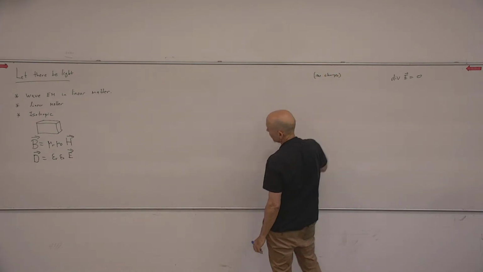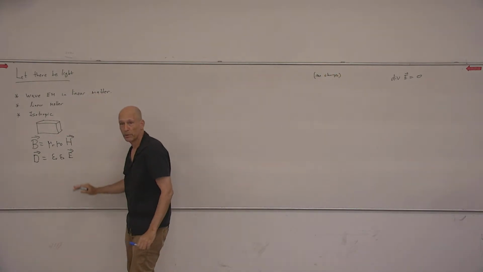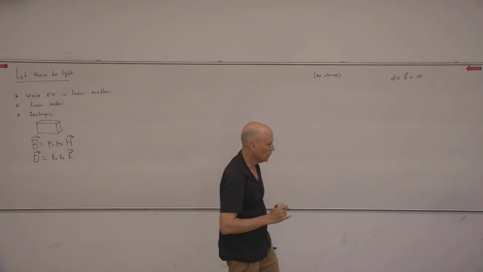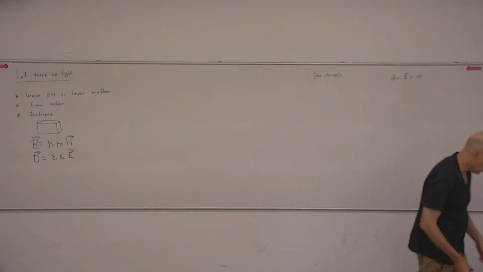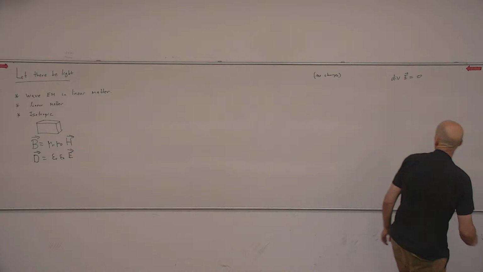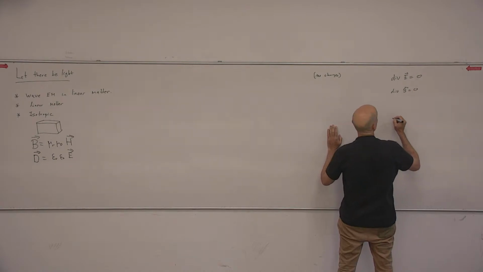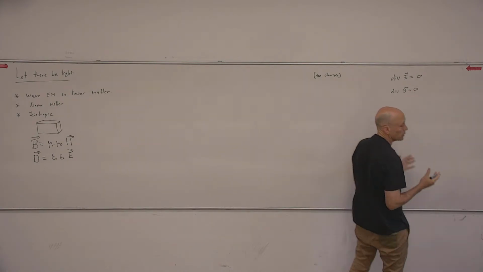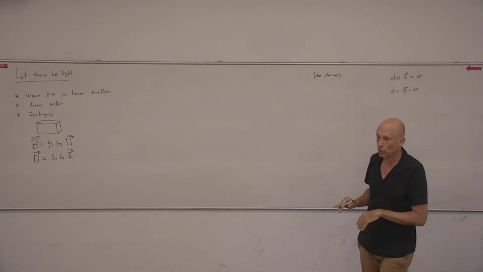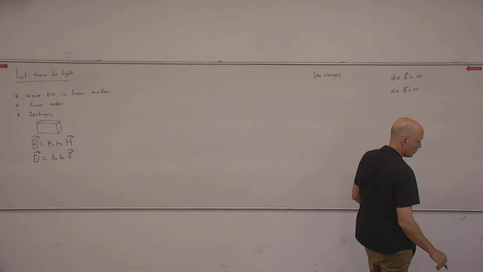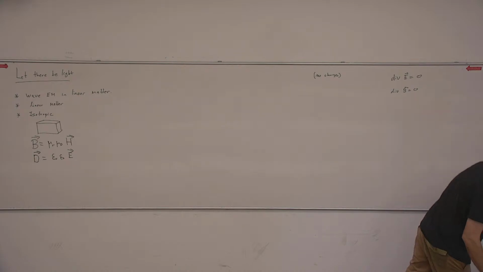So we are simplifying as much as we can in order to make things very simple. There are no charges. Now we have div B equals 0. So this is always, there are no magnetic charges. This is always true. So here there's no approximation or no assumption.